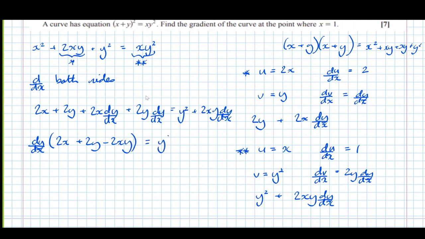So on the right-hand side, I've currently got y squared. And I'm going to take these two over to the other side to get minus 2x minus 2y. Which means that dy/dx equals y squared minus 2x minus 2y, all divided by 2x plus 2y minus 2xy.